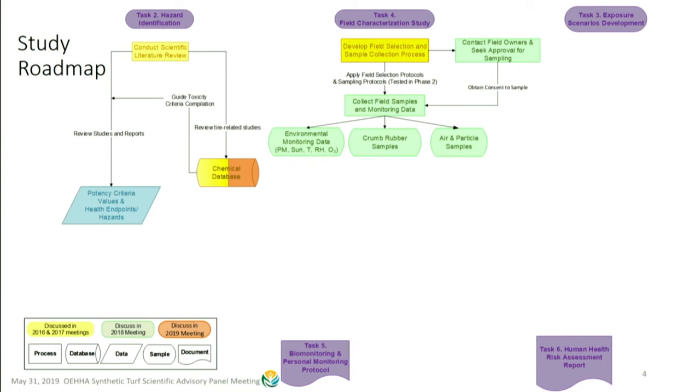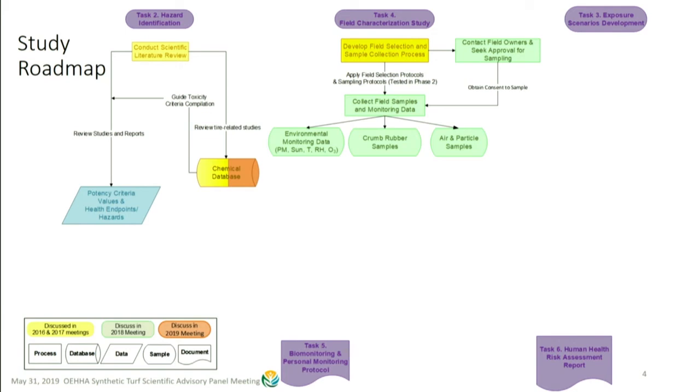Next is task 4. It involves characterizing the field. OEHHA received input from the panel at the 16th and 17th meetings, and we modified our protocol for field sampling accordingly and implemented the protocol. We finished sampling the fields and playgrounds in the summer last year, and we have completed all the sampling.